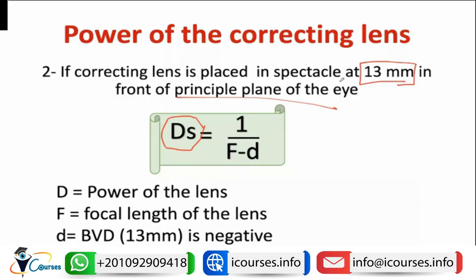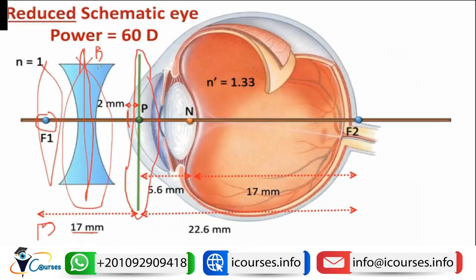In case of myopia, or in case of using a corrective lens in front of the eye, we use the back vertex distance in the negative form, because when we put the lens here, we move from the principal plane to the left side, which is against the direction of light rays. And that's why, as we said in the Dunder's reduced eye, it will be minus 17 millimeters.